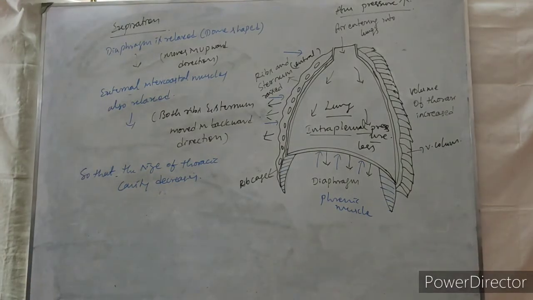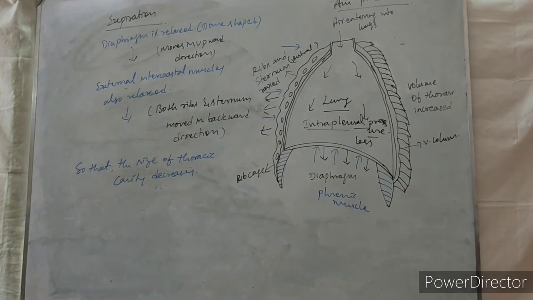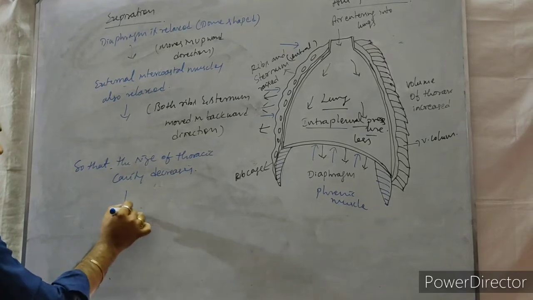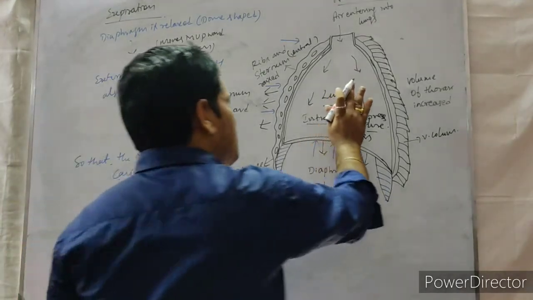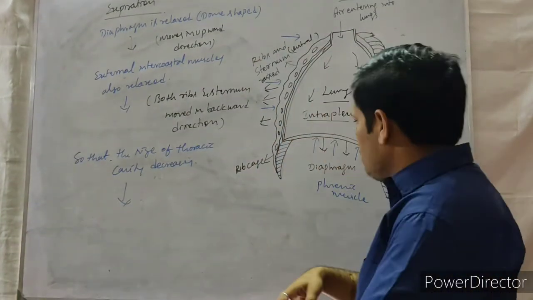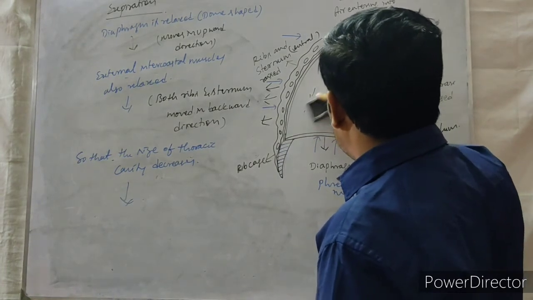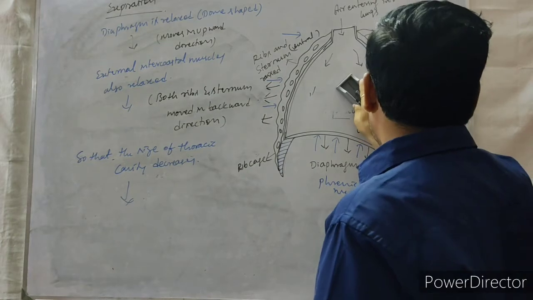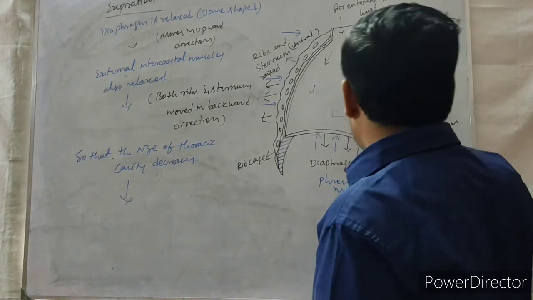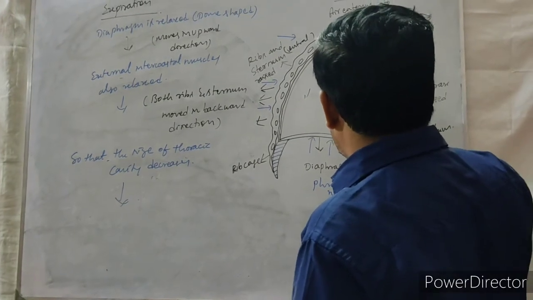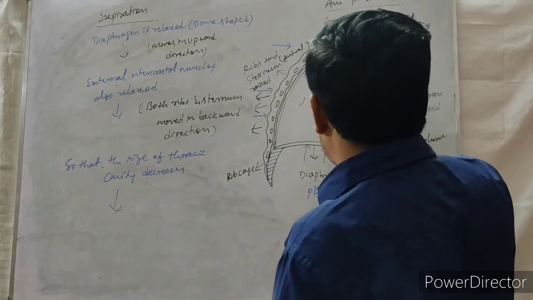Because the size of the thoracic cavity decreases, the pressure present inside the lungs, which is called the intrapleural pressure, increases. How much does it increase? More than the atmospheric pressure.